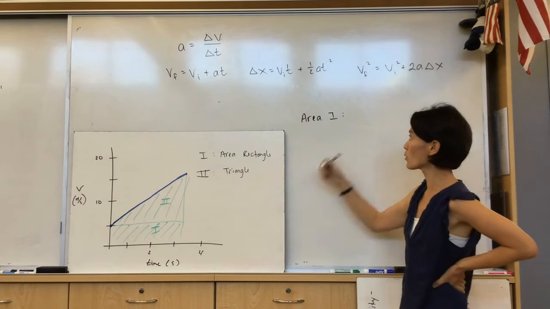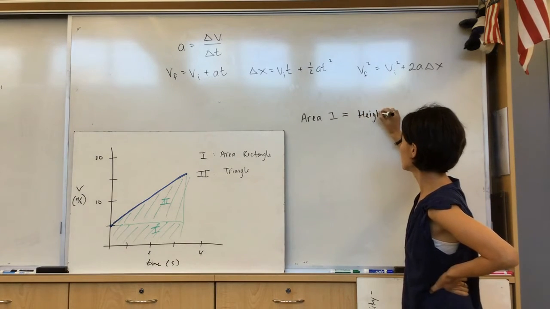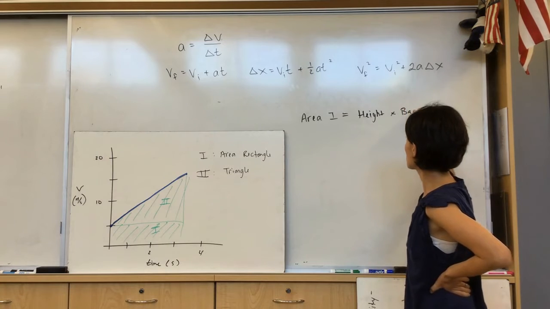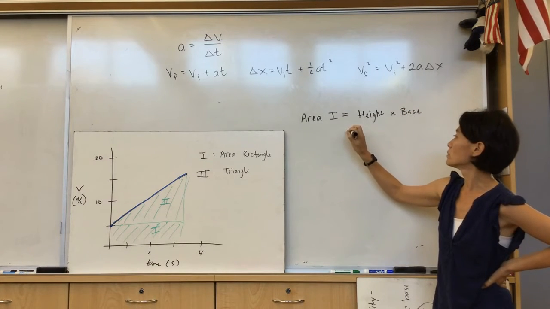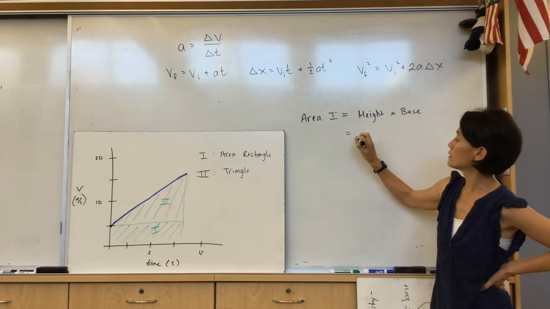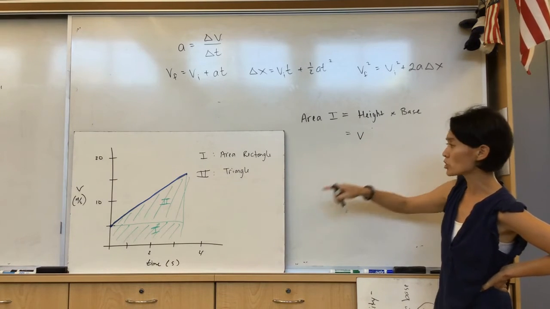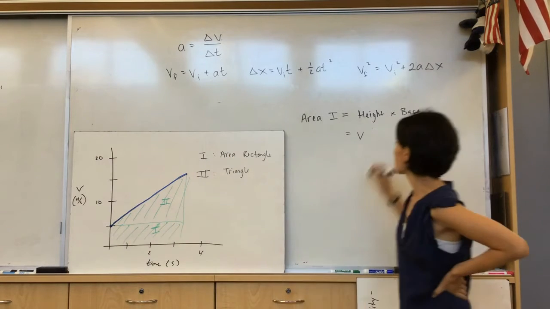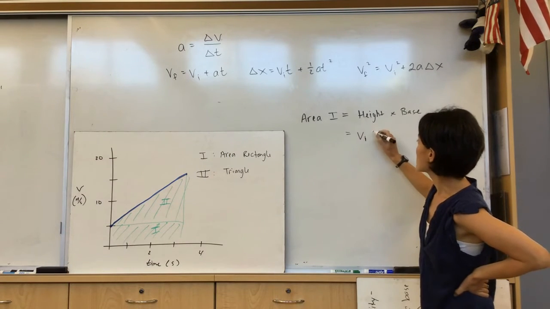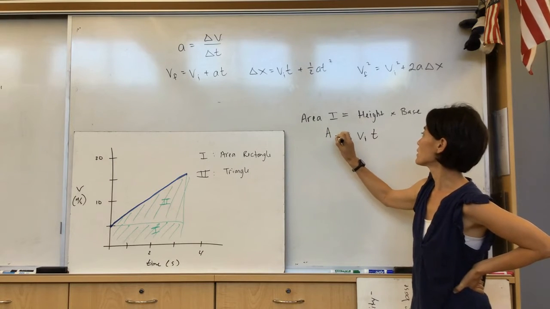Area 1 is just like before: it's equal to my height times my base. That's my initial velocity, whatever this initial value is, it's this height, times my time. So that's my area 1.